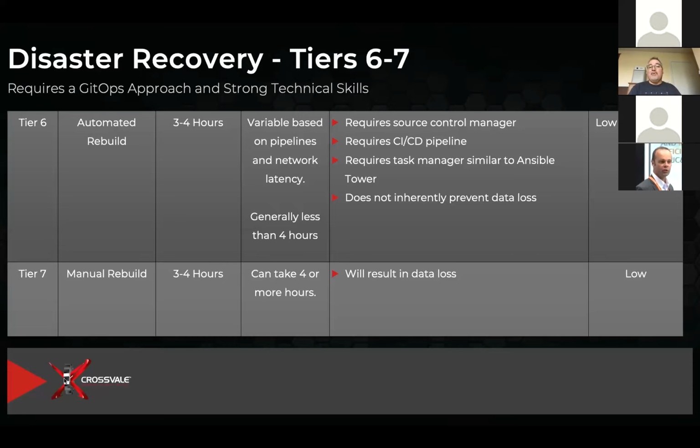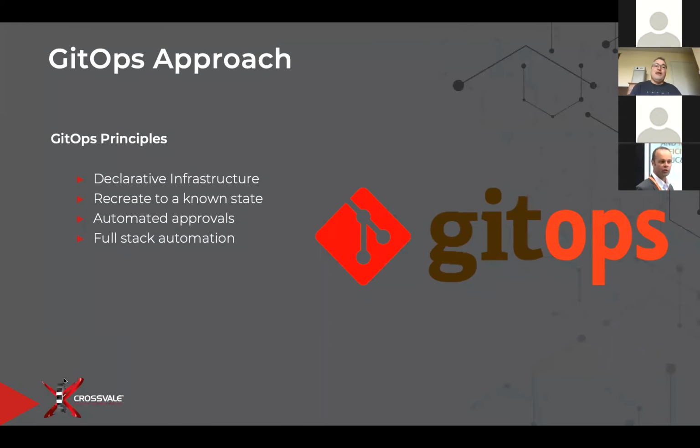So, terrible option, but at the end of the day, if you don't have a DR plan today, that is your DR plan, right? So certainly think about some of the other options in this list, and come talk to us if you are interested in more of the GitOps approach, right?